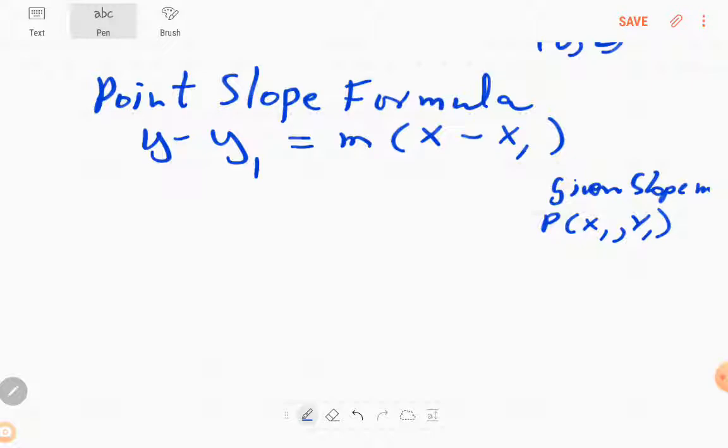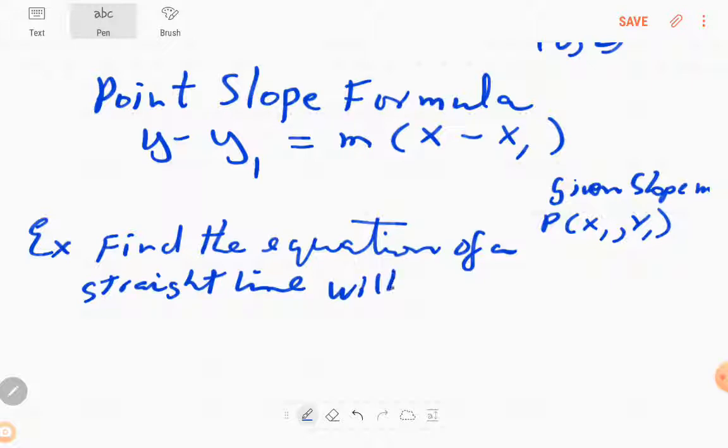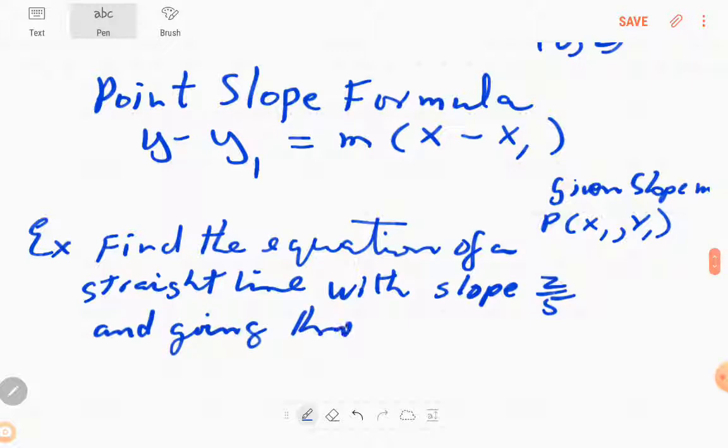Okay, so let's look at an example. For example, find the equation of a straight line with slope 2/5 and going through the point P, say -10, 1.